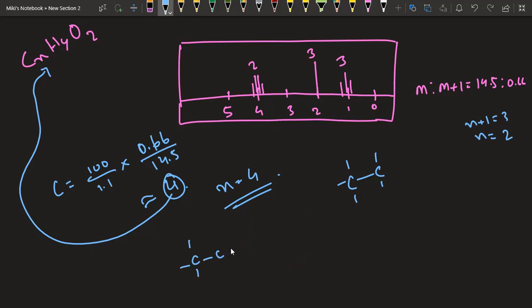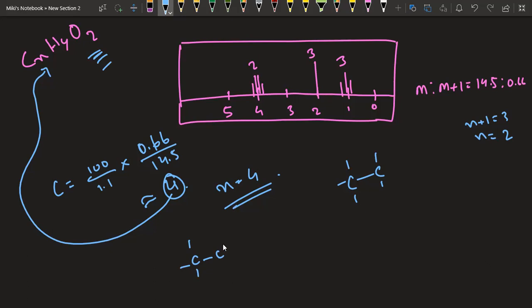It could be an ester, a carboxylic acid, an alcohol, an aldehyde, or a ketone. If this is an aldehyde, then 2 aldehyde groups should be present. If this is a ketone, 2 ketone groups should be present. If there's an alcohol, then 2 alcohol groups should be present. But if this is a carboxylic acid or an ester, then there's a possibility that just 1 carboxylic acid and one ester could be present. Let's try with the easier one, which is carboxylic acid or ester.